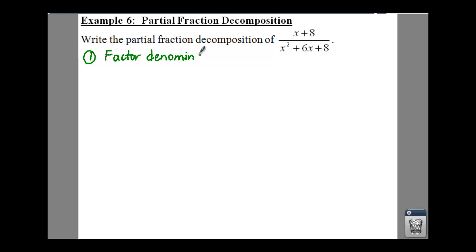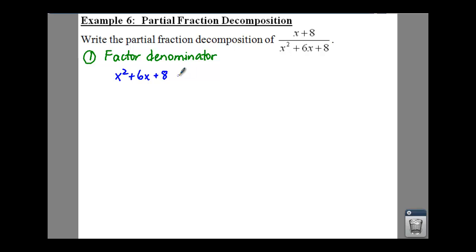So if we factor our denominator, what that's going to give us is x squared plus 6x plus 8. We need to find factors of 8 to add up to a 6. So these factors are going to end up being 2 and 4.